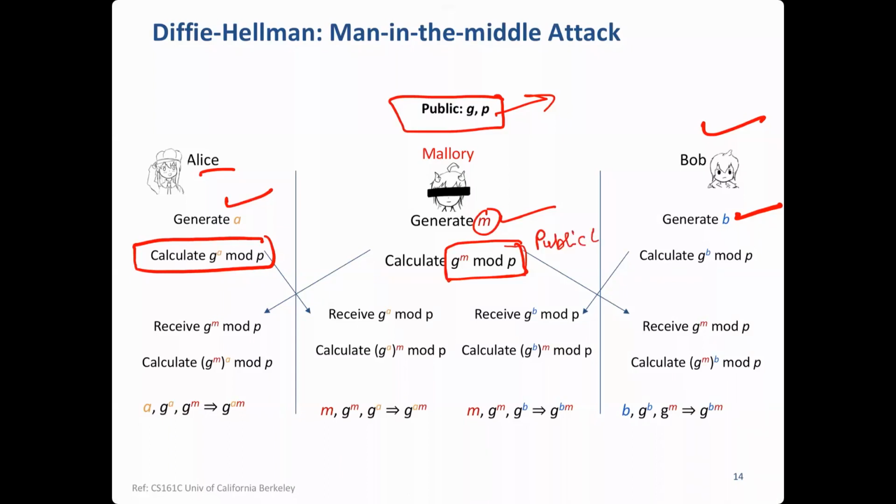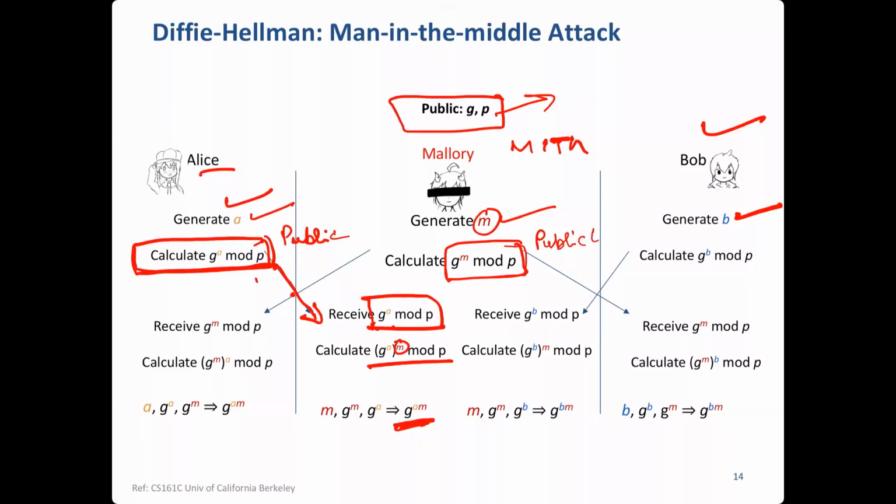So Alice generates her private key and gets her public key, and she sends it over the internet to Bob. In between, Mallory receives it, so this does not go to Bob, because Mallory is the man in the middle. She intercepts this and uses her own private key to get G raised to the power AM as the shared key between Alice and Mallory.